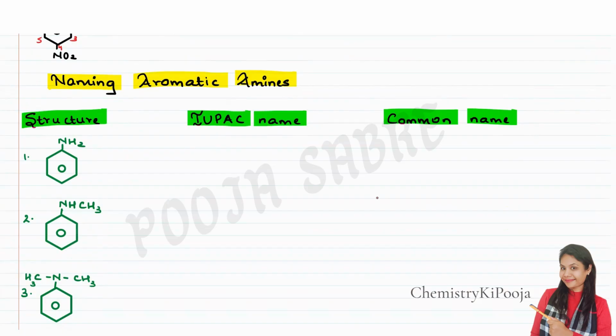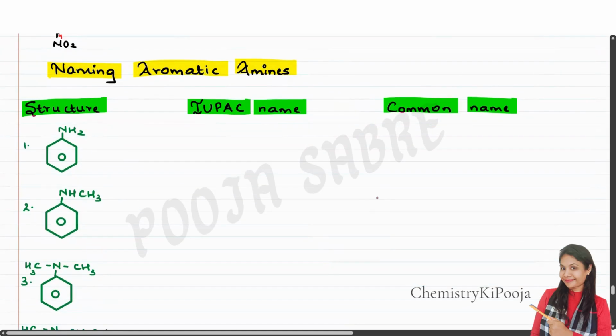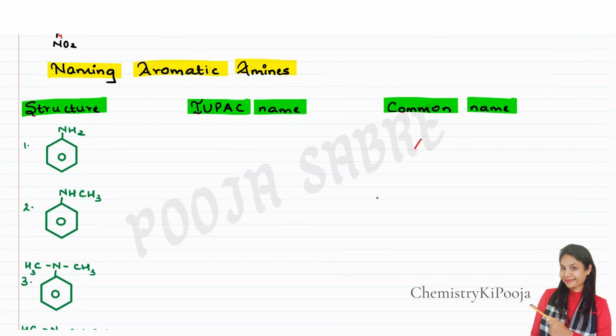Let us now proceed ahead with the new topic, that is naming the aromatic amines. Everything related to aliphatic amines I have already covered in the previous lecture. Kindly go through all the previous lectures in order to understand the concept in a better way. Coming to the first structure, benzene attached to NH2, we call it aniline. Aniline is the common name.